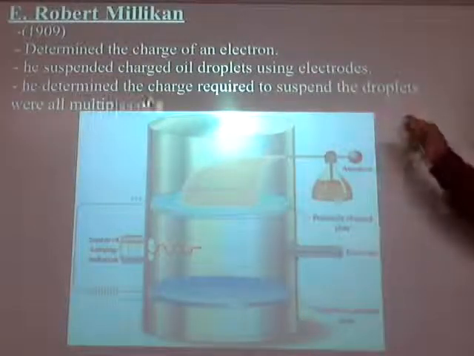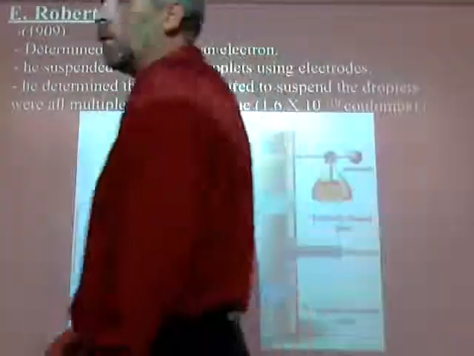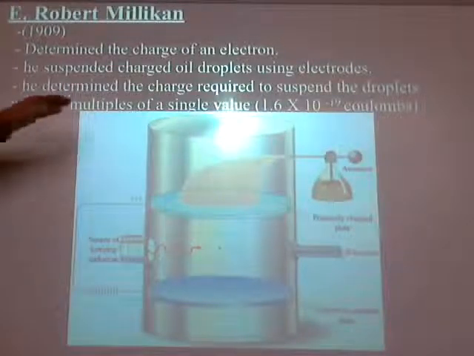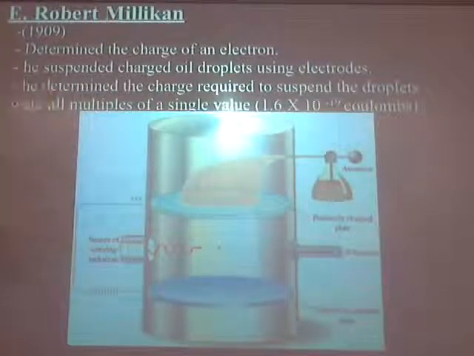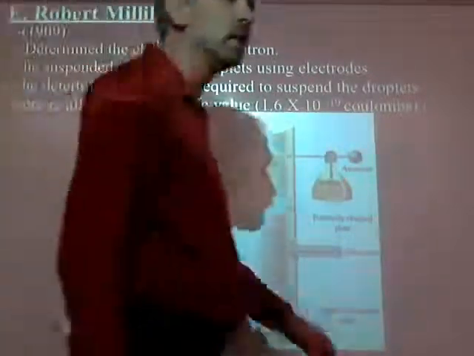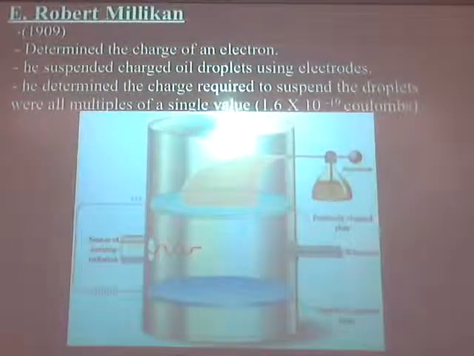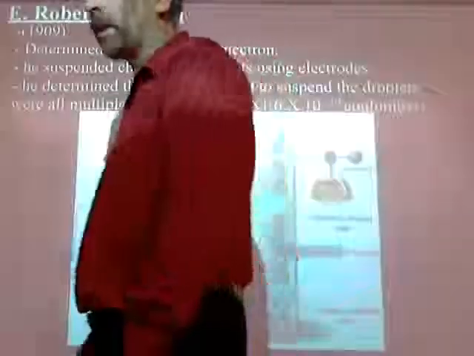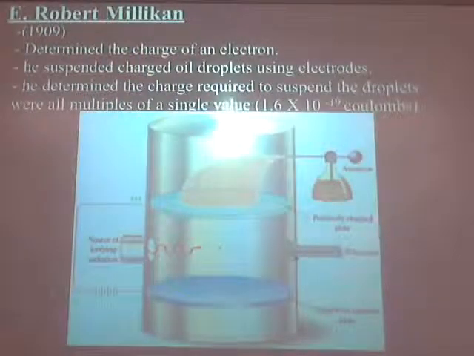Okay, so he determined the charge required to suspend the droplets were all multiples of a charge, 1.6 times 10 to the minus 19th coulombs, and that must be the charge, I should say, of an actual electron. It's kind of crazy, but that's how you do things. When you can't see them, you have to make indirect measurements.